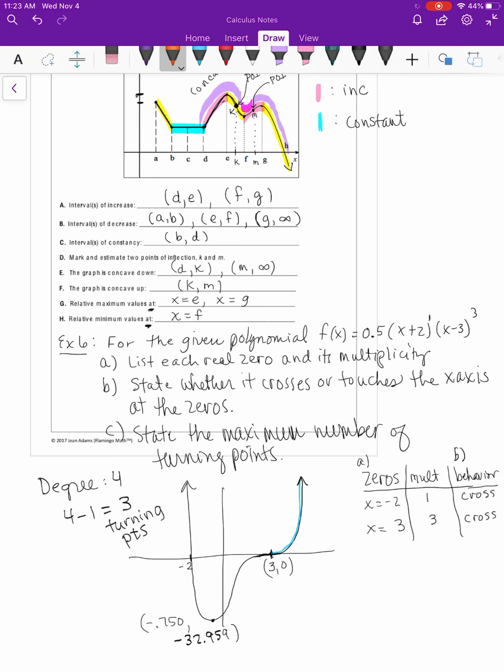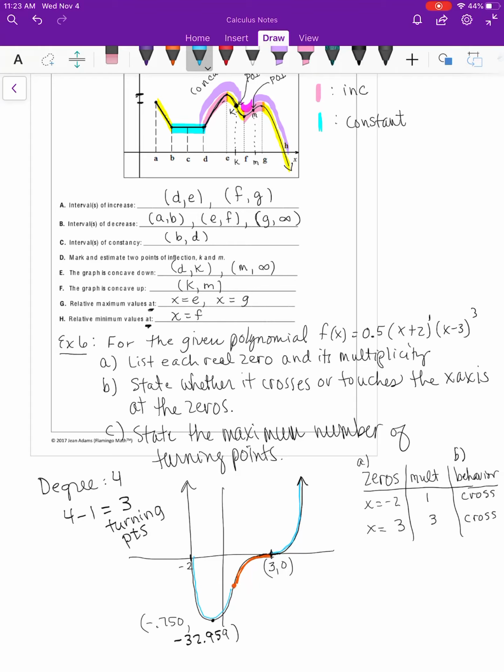And how about orange for concave down? But then about right there, we've got concave up again. Okay.